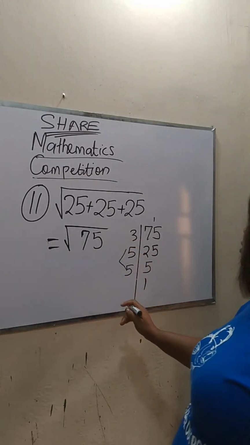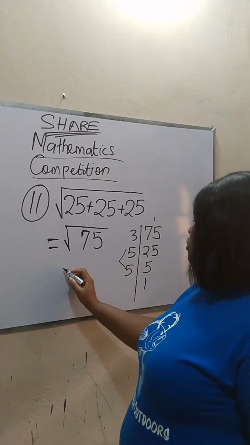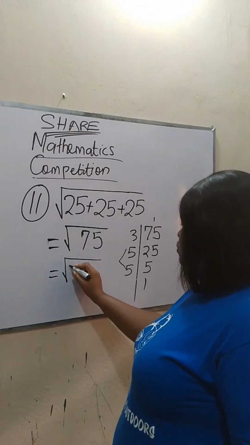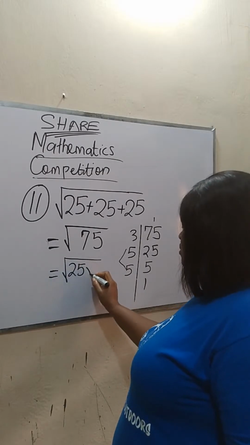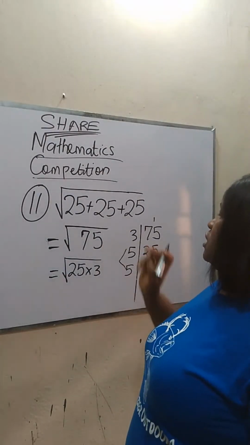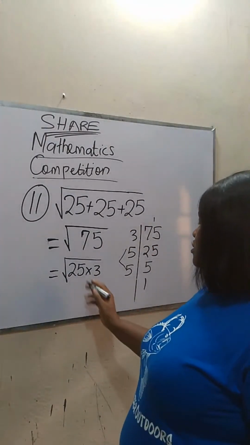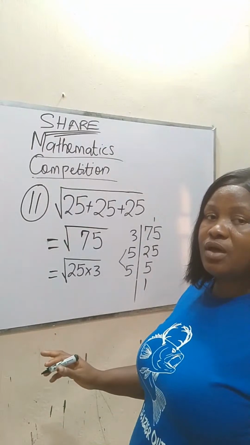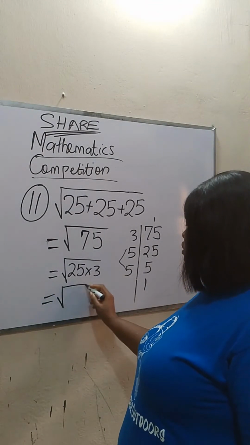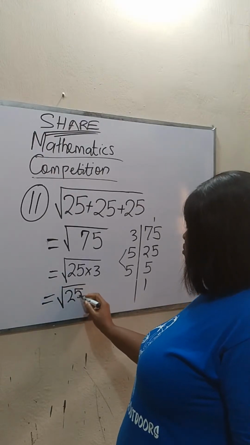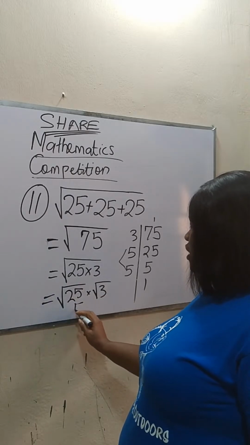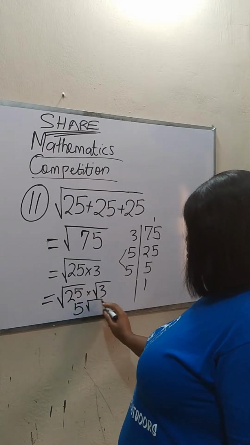So what I'm going to do, we have this is equal to the square root of 25 times 3, which gives us 75. So by the rule of radicals, this can be written as the square root of 25 multiplied by the square root of 3. The square root of 25 is 5, so we have 5 root 3.